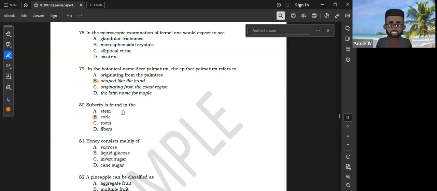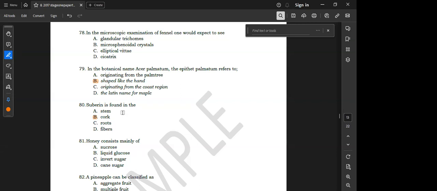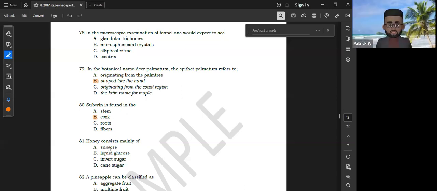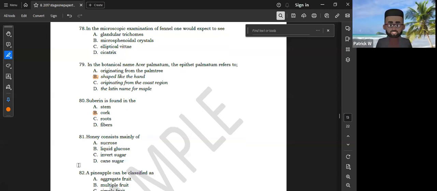For that question on suberin, I'm finding it's found majorly in the roots, followed by the cork. So both of them seem to be correct answers. So the main one is the root, you said. Yeah, because it's found in the root epidermis and root endodermis.